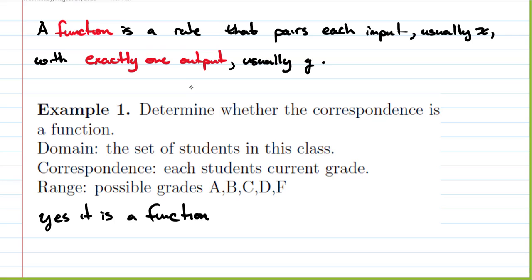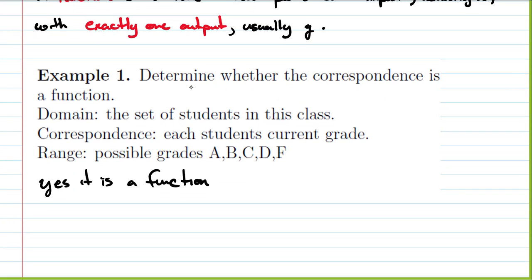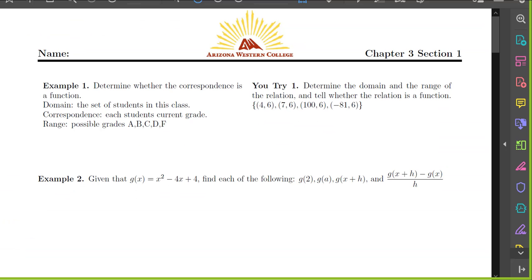That's okay. So this definition says that each input gets paired with exactly one thing. So one student, one grade. All students can have the same grade. That's fine. So be careful where we're putting the exactly one. We don't say that all of the outputs have to be unique. We just say that each input goes to exactly one output.